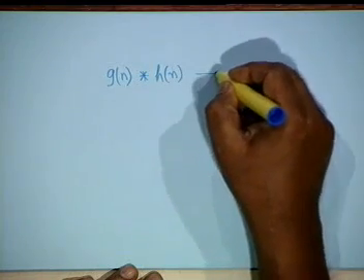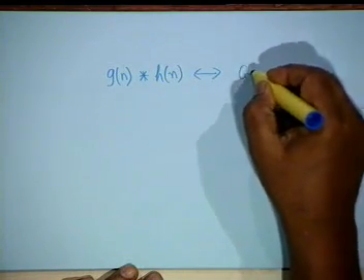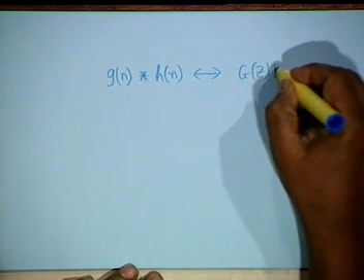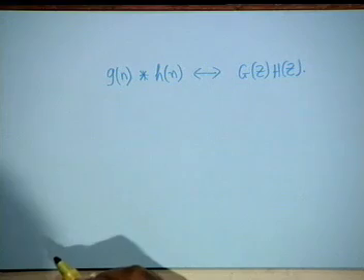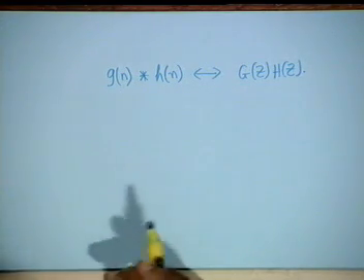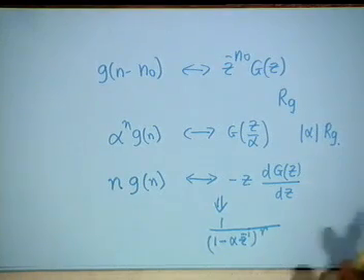If we have a linear convolution of two sequences g of n and h of n, the corresponding Z transform is the product of the two. And the region of convergence now, well, what is the region of convergence here? I did not mention this.